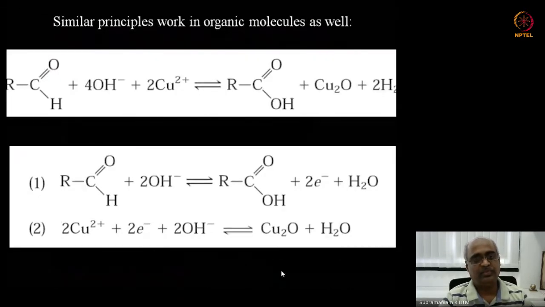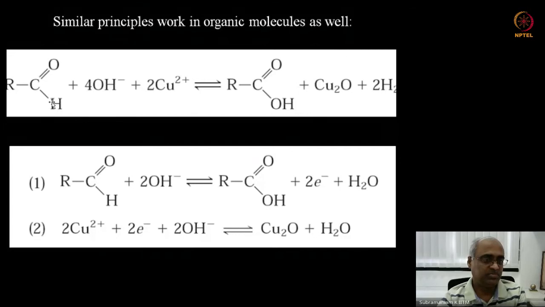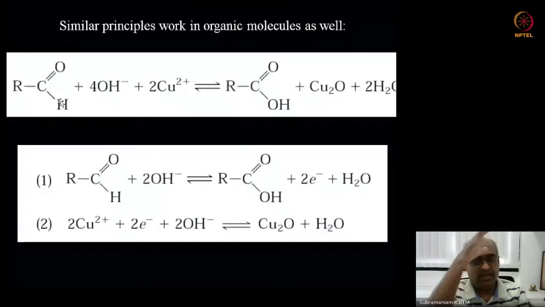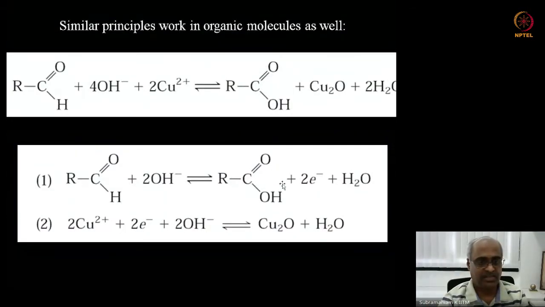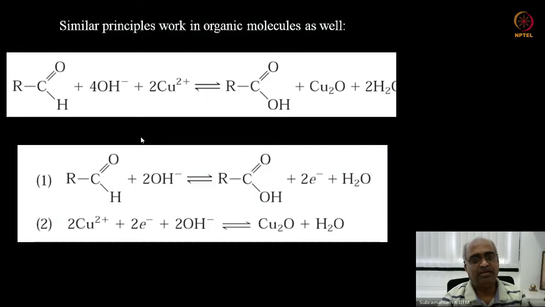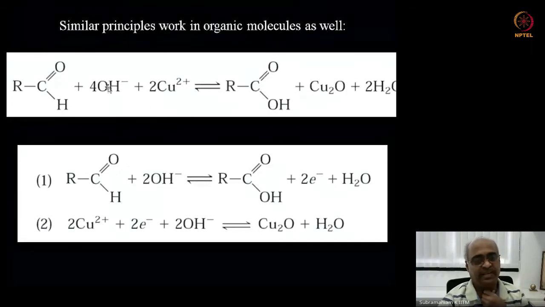Very similar principle applies in biology as well. For example, here you take the aldehyde group. This is getting oxidized to carboxylic acid, and the electrons ultimately come from this hydroxyl ion. In the process, copper gets reduced as well. So what is oxidized?